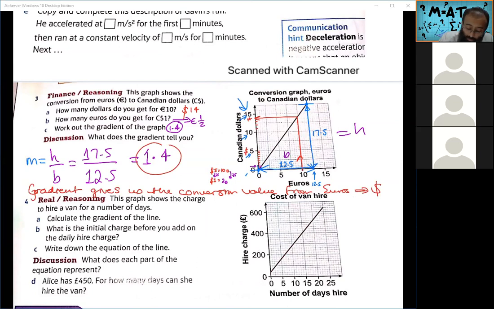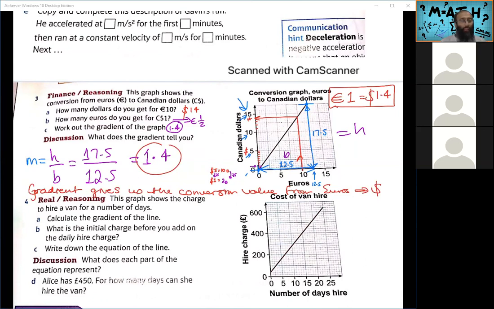So basically what it's telling you is this: €1, the conversion is telling us what the conversion is. So as you go along the bottom, for every number on the bottom, the top number is higher.